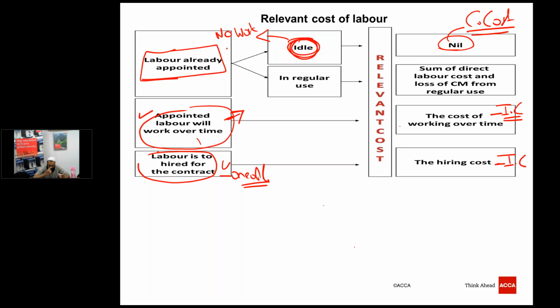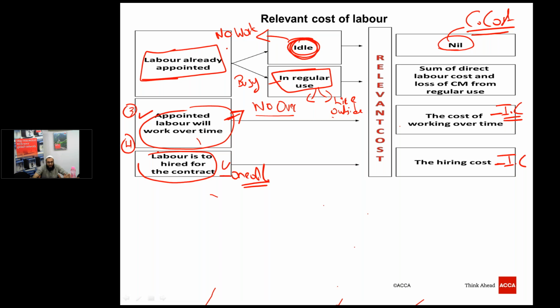Now the last thing. If your labor is working in regular use, and you cannot ask him to work overtime, neither can you hire any labor from outside, like options 3 and 4 I discussed, so what will you do?